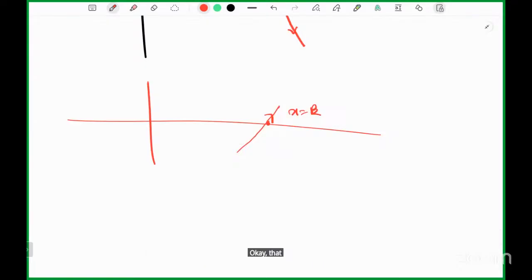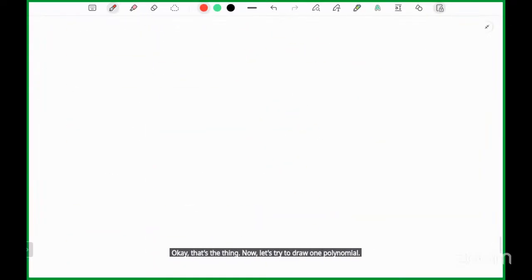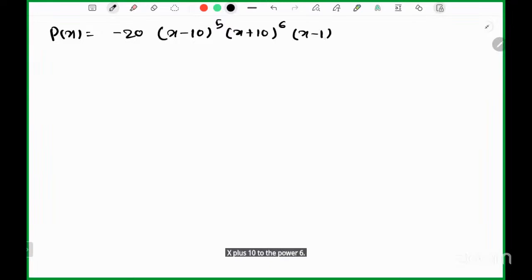Now let's try to draw one polynomial. Suppose I have a polynomial p of x equals minus 20, x minus 10 to the power 5, x plus 10 to the power 6, x minus 1, x minus 5 square, x plus 5 cube, and suppose I'm taking x cube here.